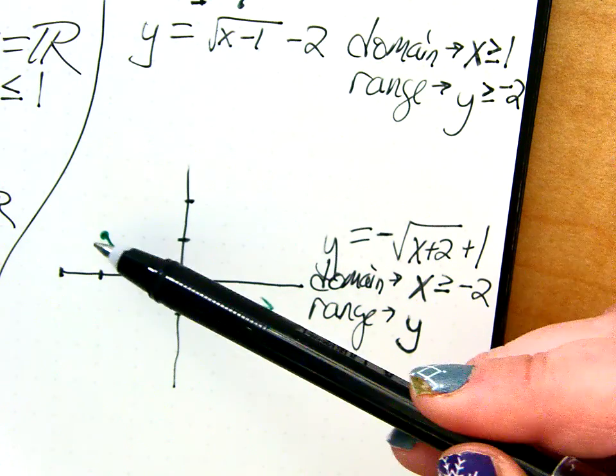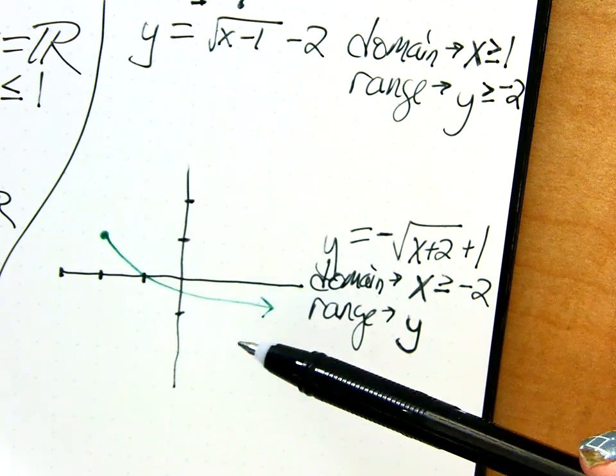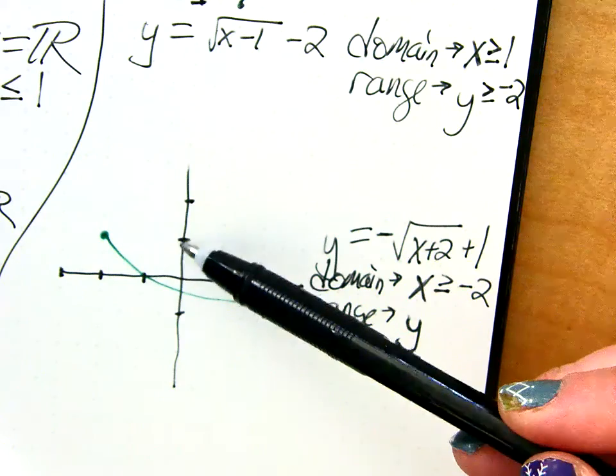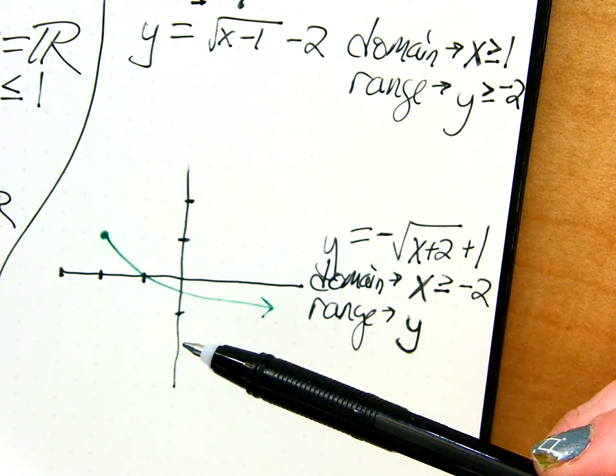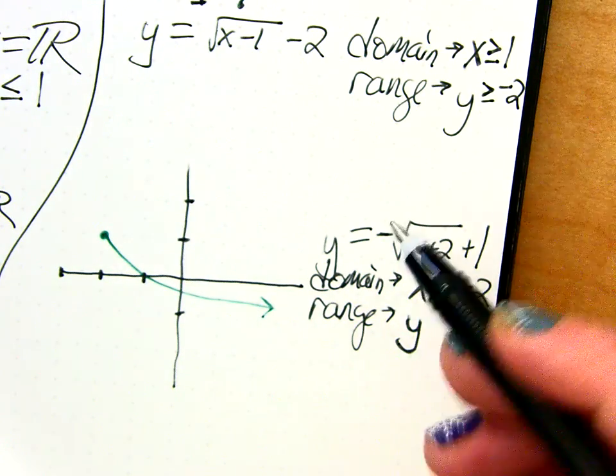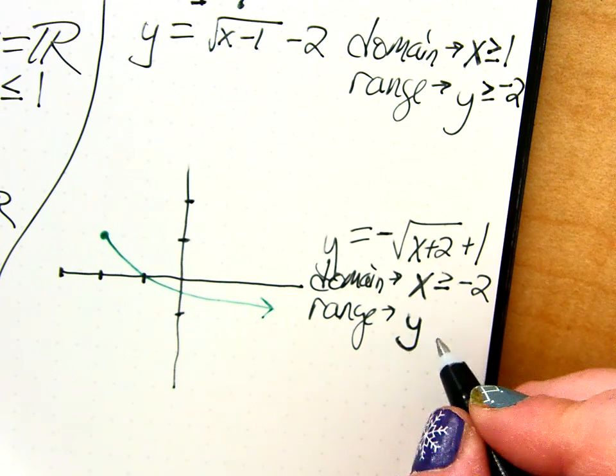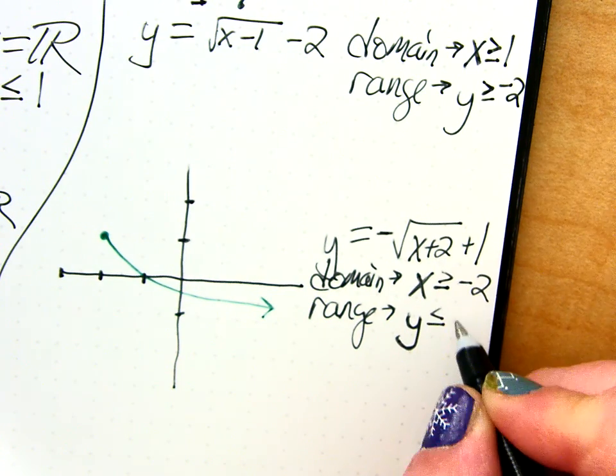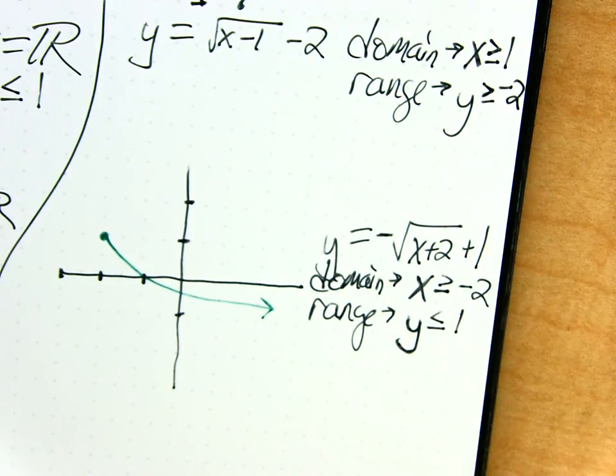Won't I get ones that are less than 1? I got 1. I'll also get all these ones down here. Does that make sense? So for my range, I'm going to have y is less than or equal to positive 1. Does that make sense? Yeah? Everybody's all right? Okay.